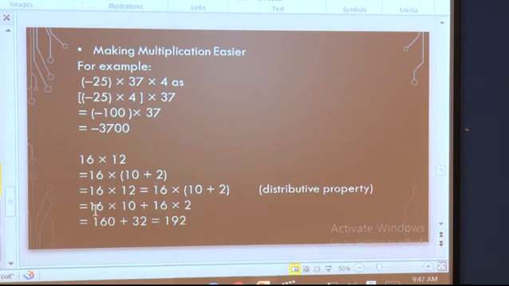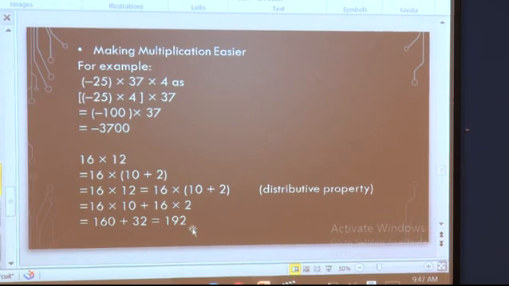So what is 16 multiplied by 10? Yes, we are using the magic of 0, write 0 as it is, and 16 ones are 16. So it is 160 plus, don't forget to put the sign of addition here. So we will write plus again. You know 16 twos are 32. So 160 plus 32 is equal to 192.